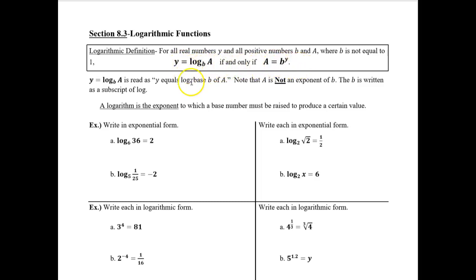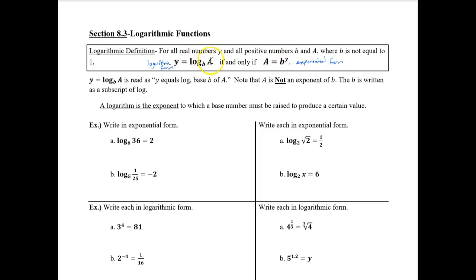Here on the left, this is what we call logarithmic form. And on the right, this is exponential form. The two are equivalent. They're different ways of writing the same thing. Log base b, and notice here, y is the exponent.